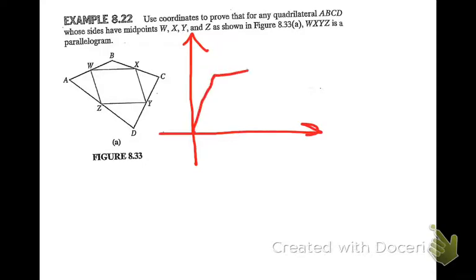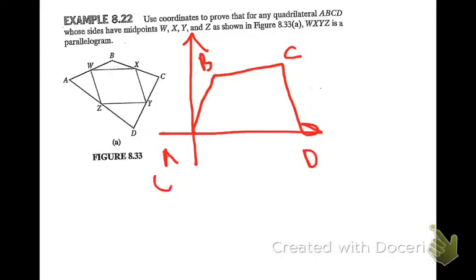So we'll draw our coordinate axes and rotate this shape so it looks like that. We'll call this point A, this B, this C, and this D.